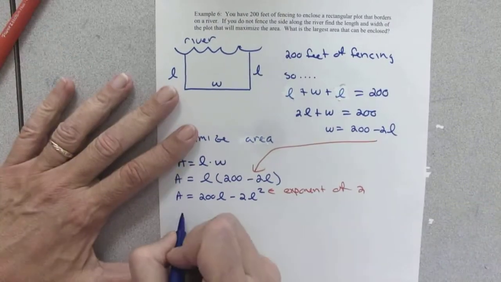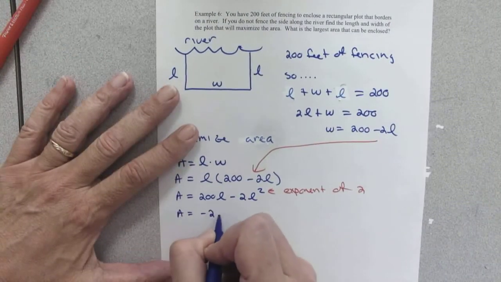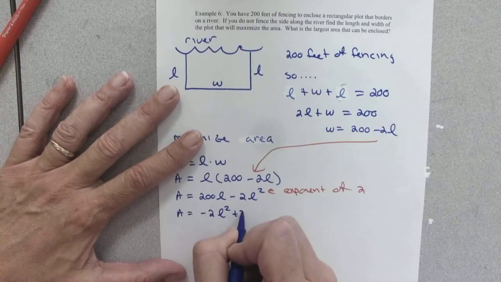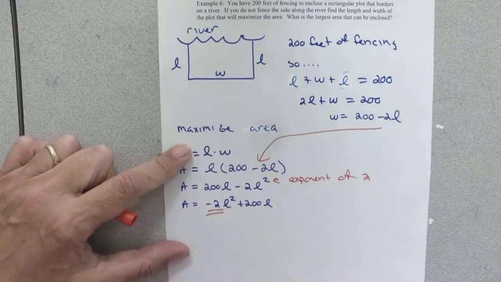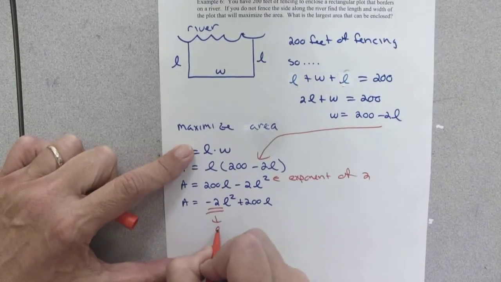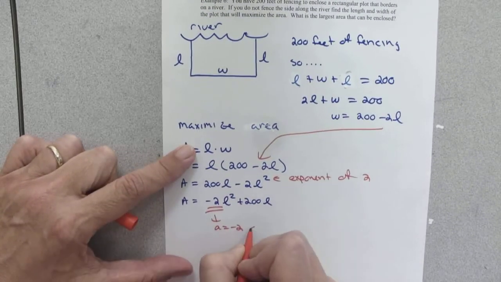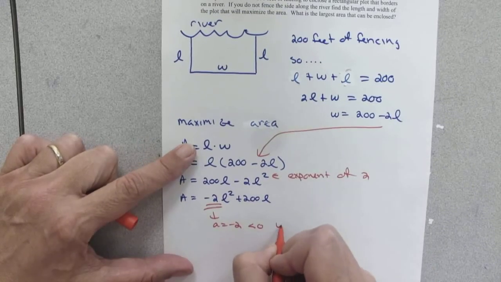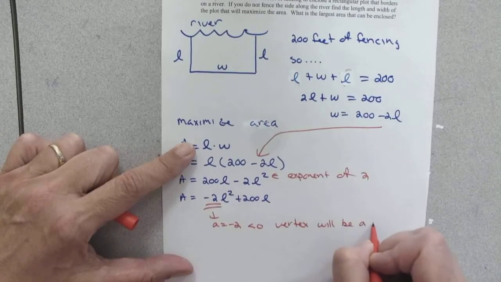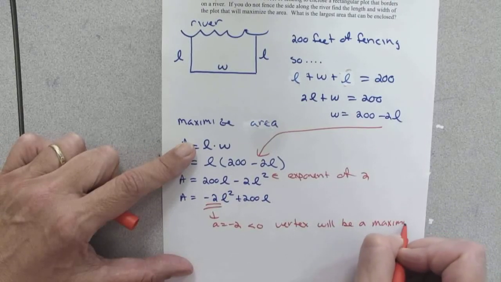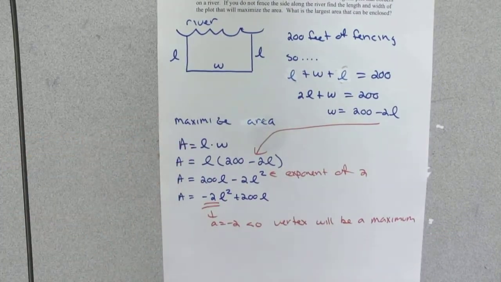Let me rewrite this one more time. It's a quadratic. This guy right there, A equals negative 2, less than 0. The vertex will be a maximum. Well, that tells us something very important that we'll hear on the next video.